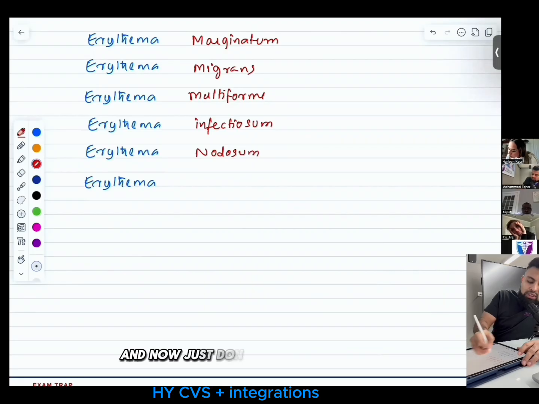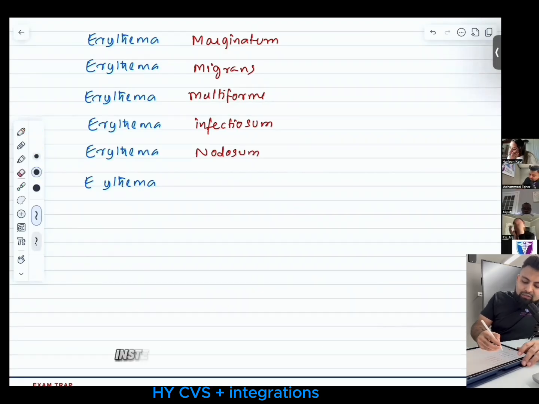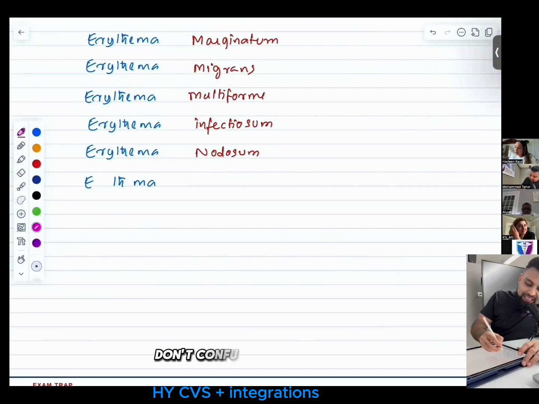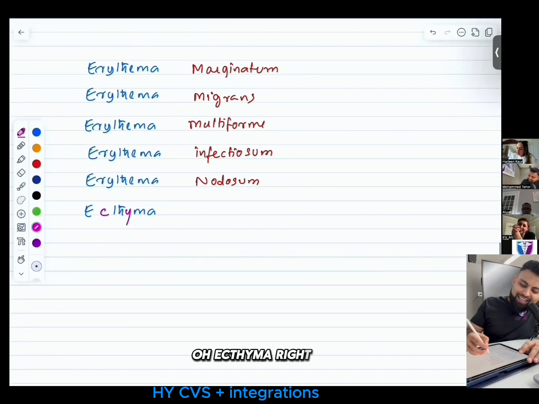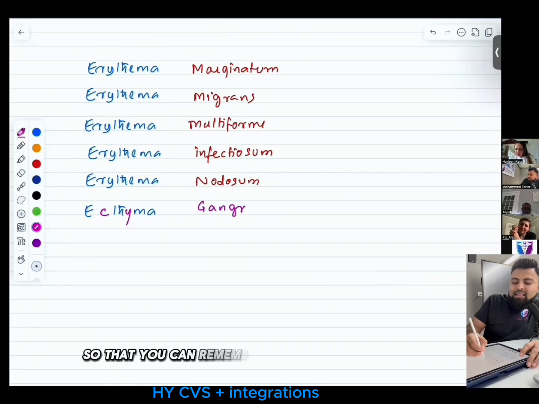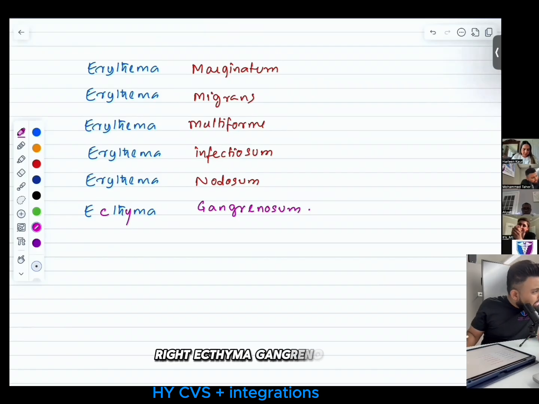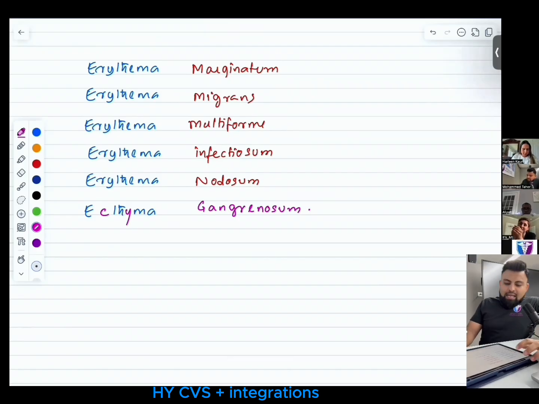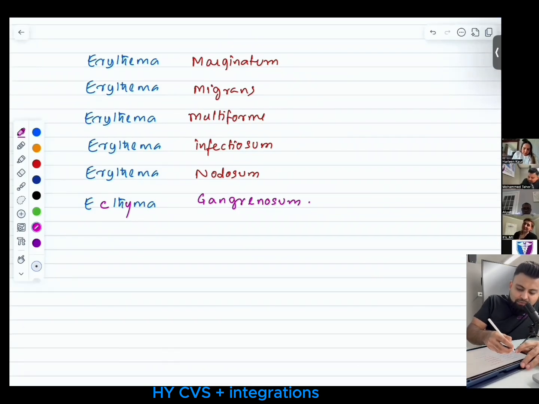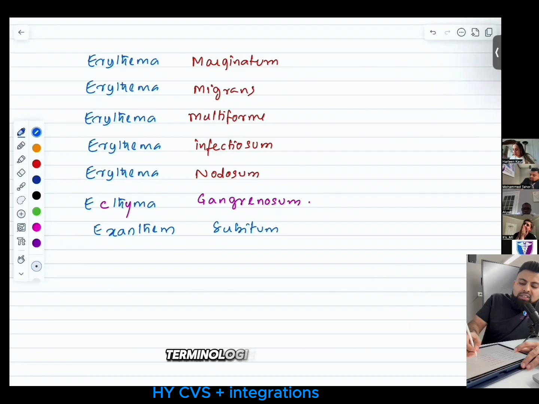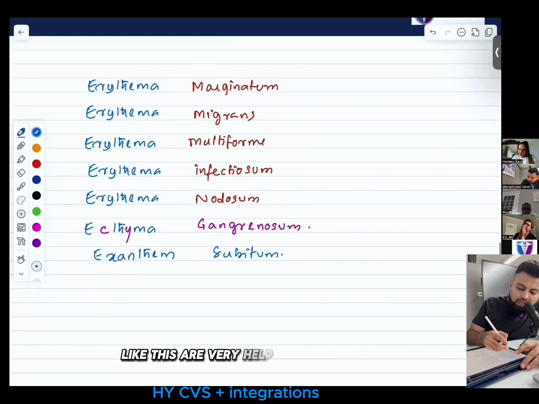And don't confuse them with ecthyma gangrenosum, and don't confuse with another name, which is exanthum subitum. Terminologies like this are very helpful to remember.